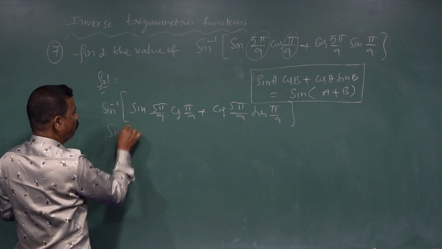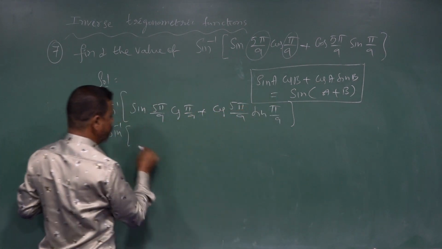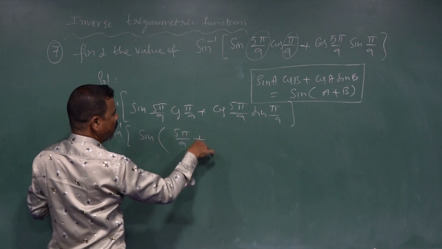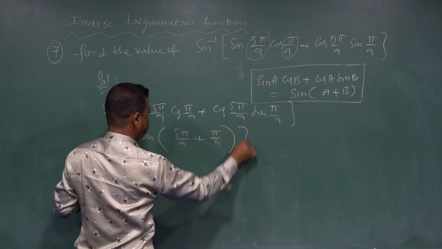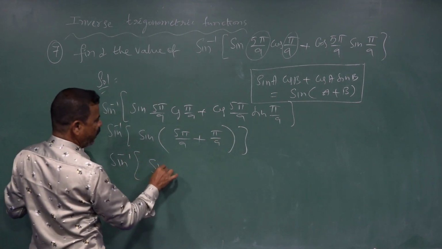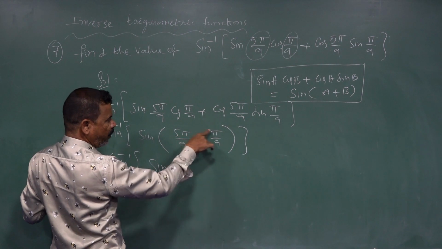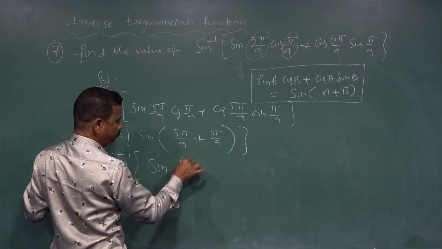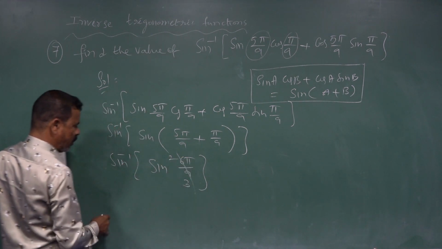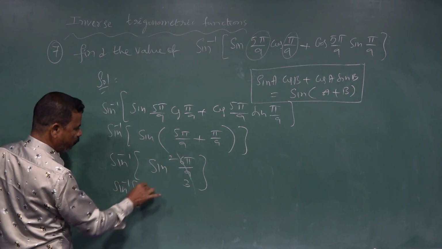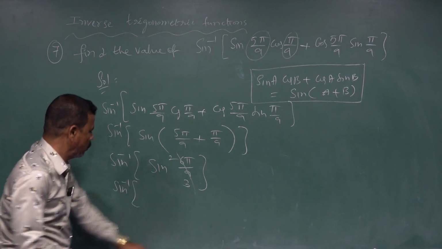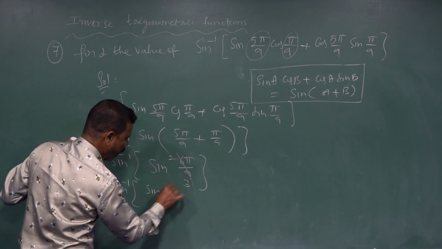According to this principle, sin of A plus B, where A is 5 by 9 and B is 5 by 9. After this, sin inverse of sin, with denominator 9, 5 plus 5, 10 by 9, that is 2 by 3, 5. Sin inverse of sin 2 5 by 3.